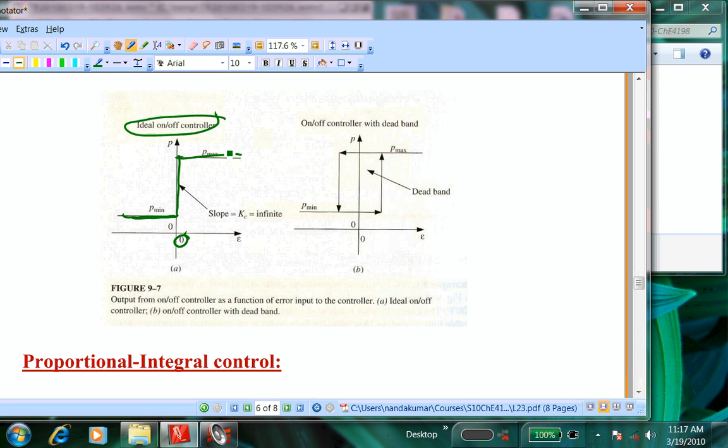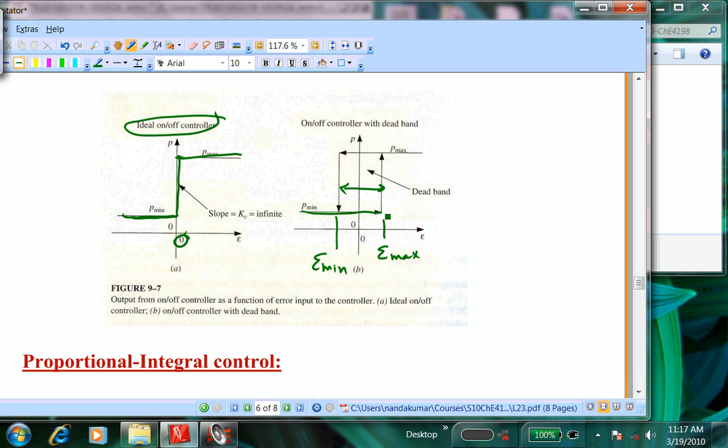So what you want to do is, when you're defining this on-off control mechanism, if you choose to use that, you need to have something called a dead band, which says that only if the error is greater than a certain value, open it, and only if the error is less than a certain minimum value, close it. Okay, so in opening, it follows this path.